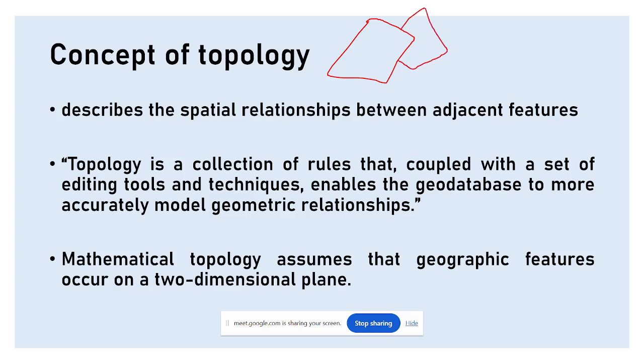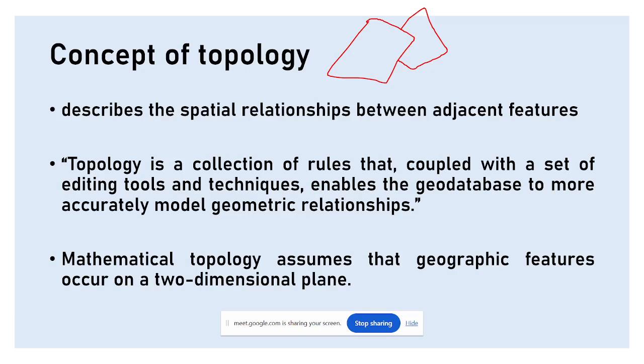So what is the spatial relationship between these two features? Or it might be related to two different polygons with another polygon, or to line features or even point features. That kind of relationship is explored in topology. It describes the spatial relationships between adjacent features.